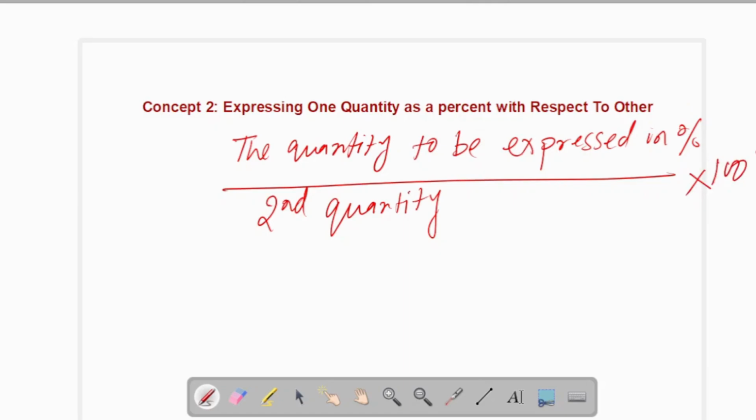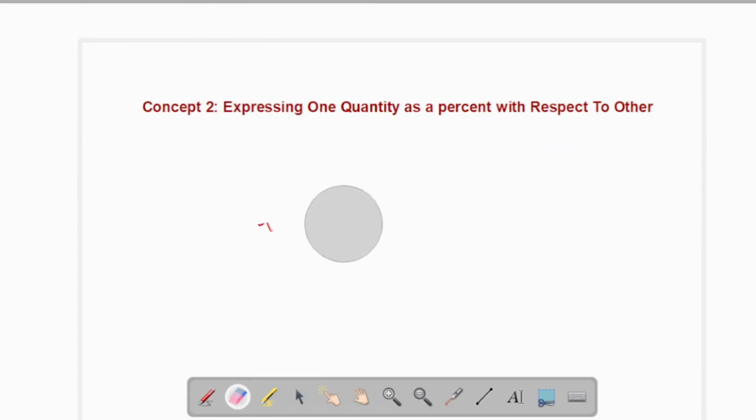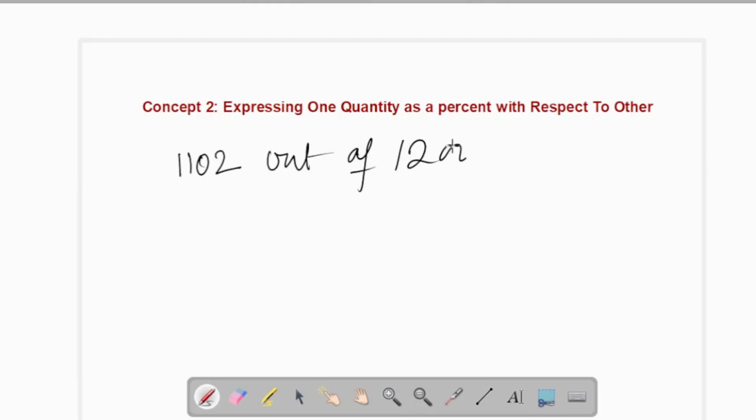Now, to apply this formula, both quantities must be in the same unit. You cannot calculate with different units. So, for example, what is the percentage marks scored by a student in the final exam if she scored 1102 out of 1200?